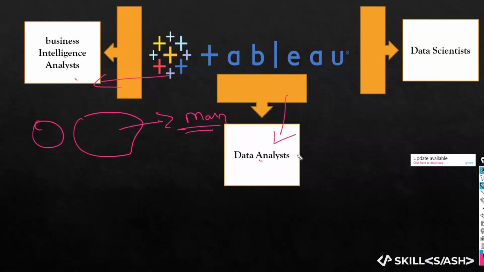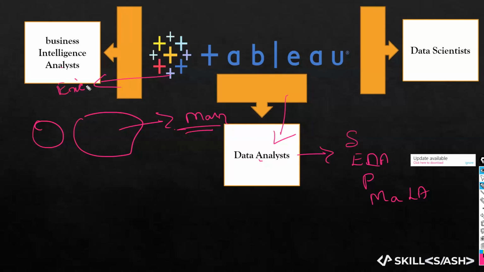That's it. Okay. So data analysts, along with Tableau, also need to know statistics and EDA, exploratory data analysis. They also need to know Python. They need to know some good mathematics, that is linear algebra, etc. But business intelligence only needs to know reporting.